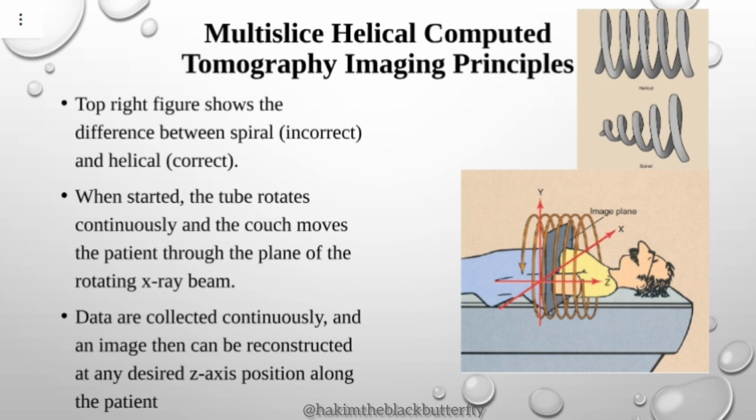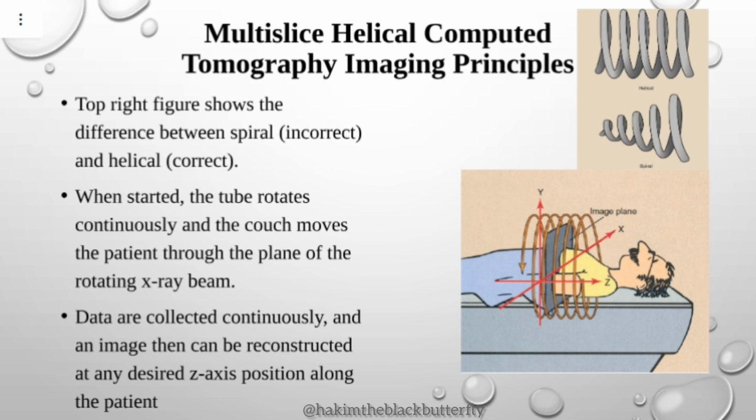So the CT can be operated in two ways. We have what we call helical and also axial. First of all, you need to know that in CT we have an X-ray tube and a detector.